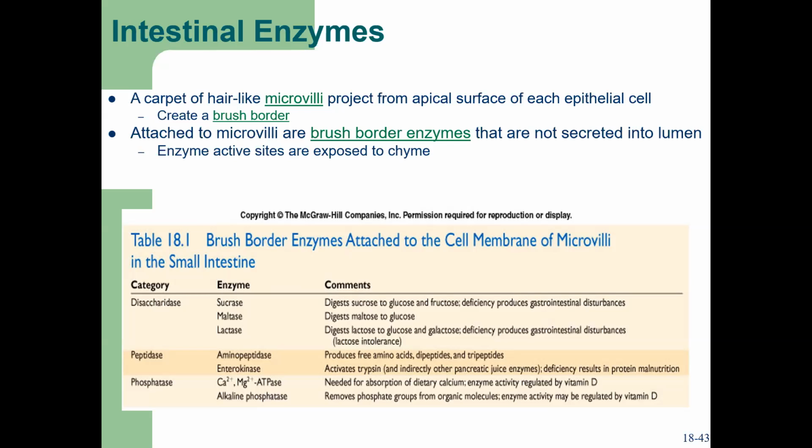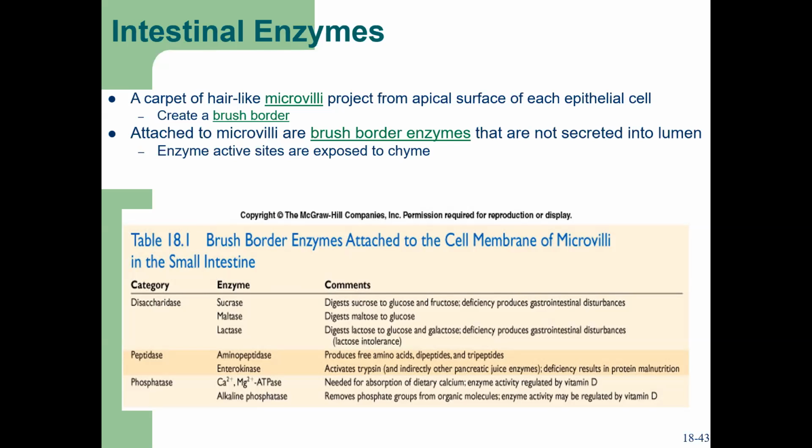Other brush border enzymes include aminopeptidases that degrade peptides from the front end, amino acid by amino acid, to produce free amino acids, di- and tripeptides. Enterokinase, which is an activator of zymogens made by the pancreas, and then phosphatases and things like that to take phosphate groups off molecules that have phosphates on them.